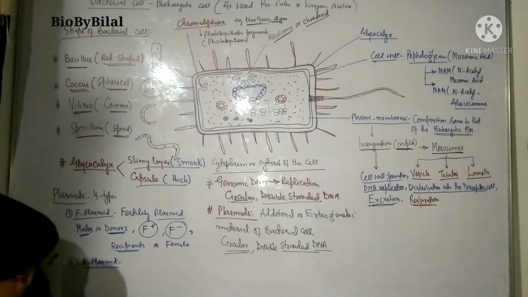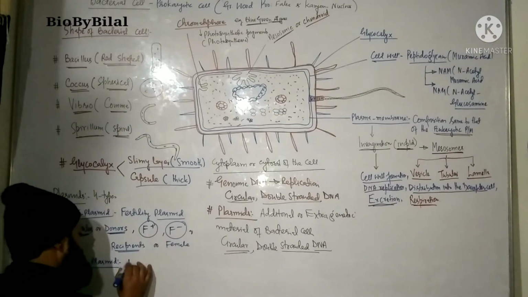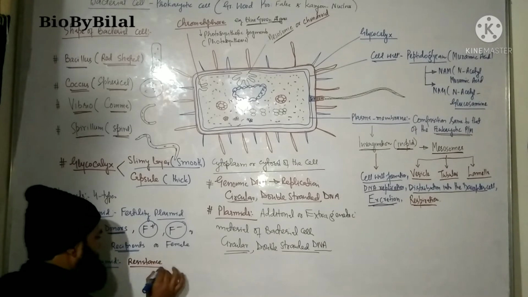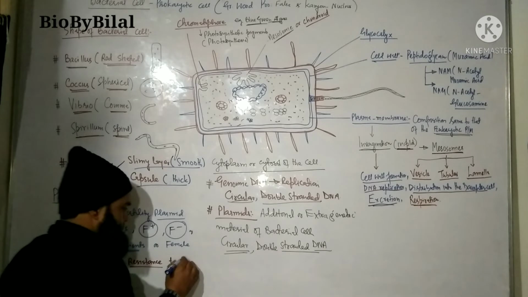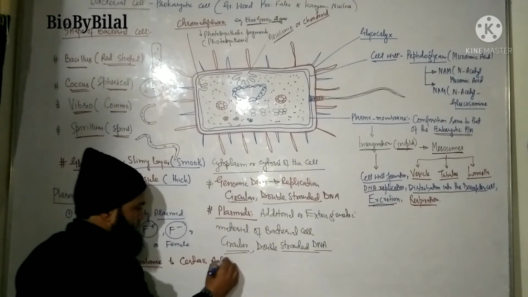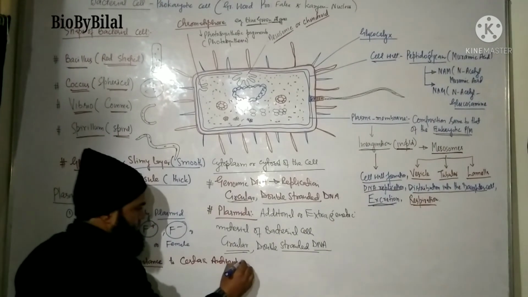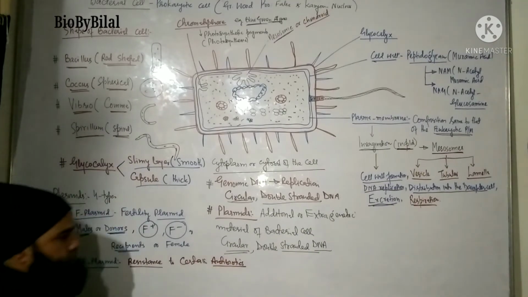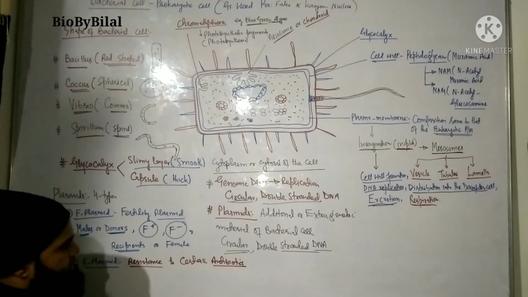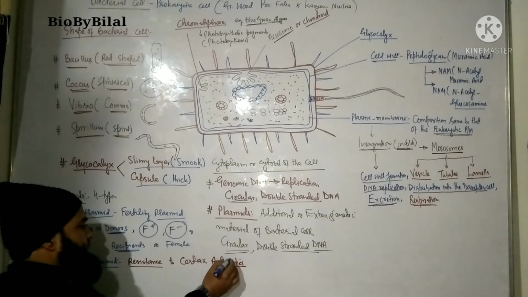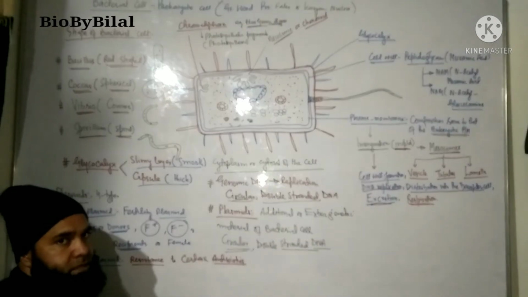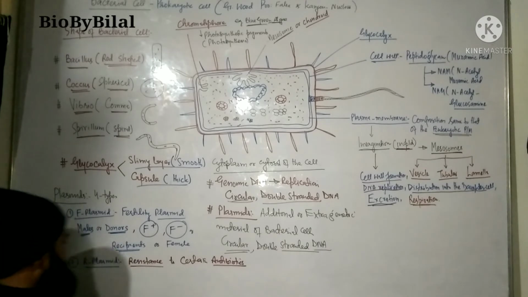What is R? R means resistance. They have resistance to certain antibiotics. Means when they infect any organism, that organism can take antibiotics, but these antibiotics are not beneficial because they have a resistance against those antibiotics.